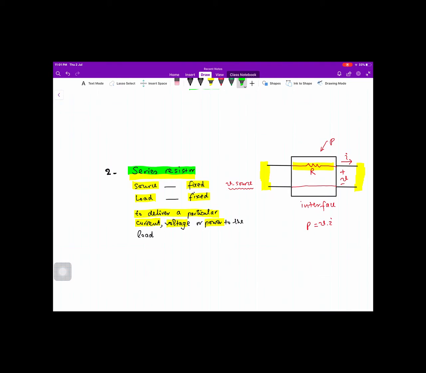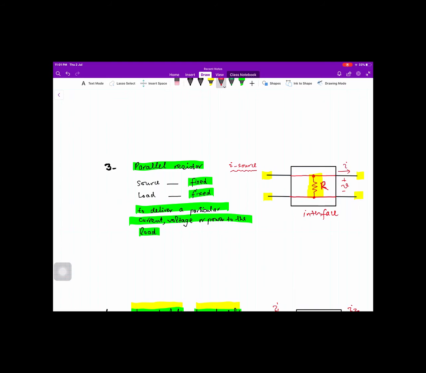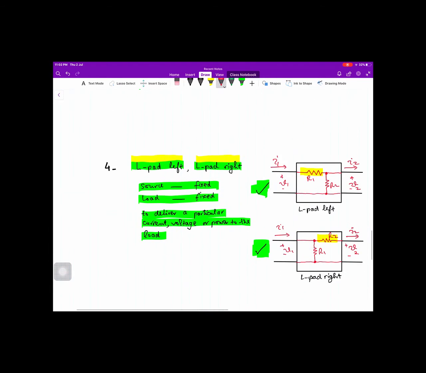Now one thing I forgot to mention, this series interface suits best when the source consists of a voltage source, and the parallel suits best when the source circuit has a current source.